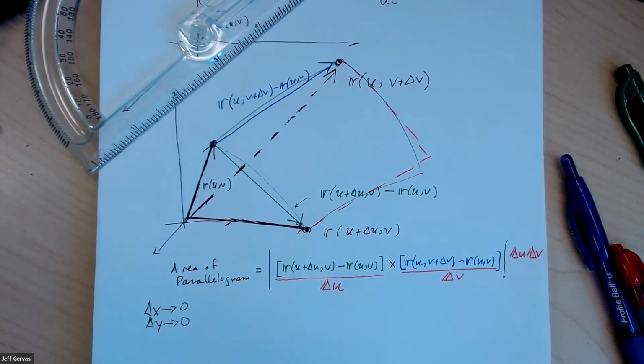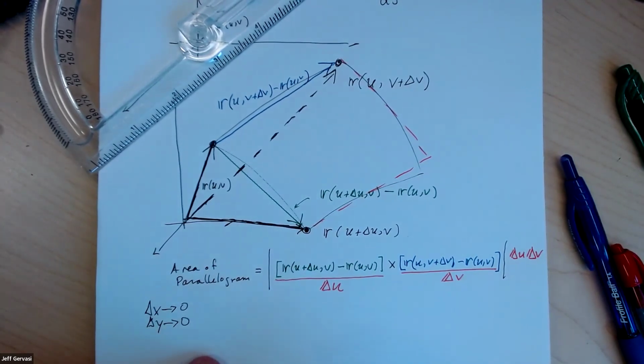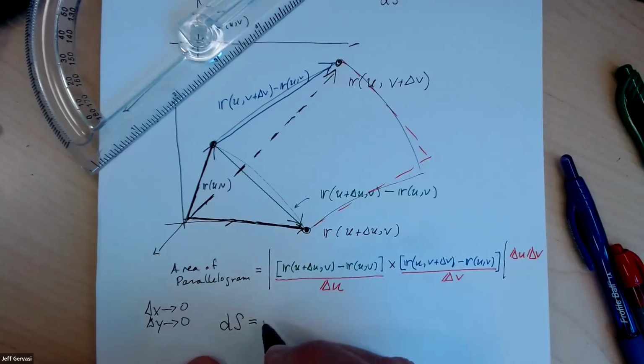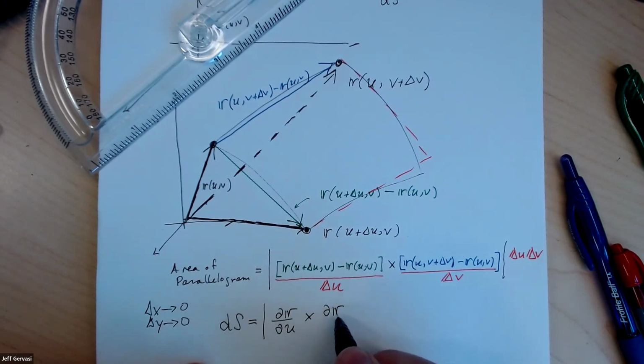And that approximation becomes better and better, actually exact in the limit. And so we say then that the differential element of surface area is actually equal to the magnitude of these things. In the limit, they're actually the very definitions of the partial derivatives of r with respect to u and with respect to v.